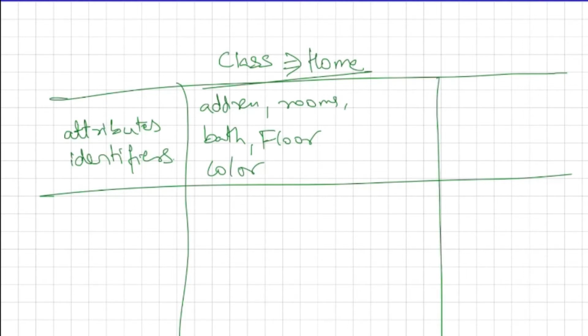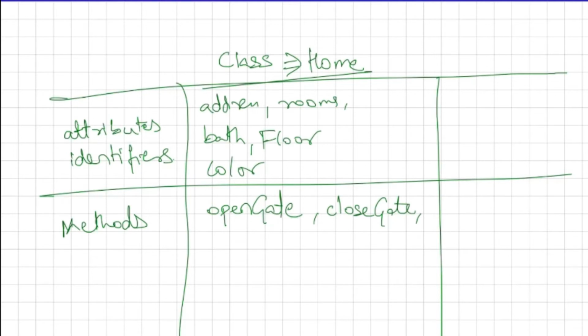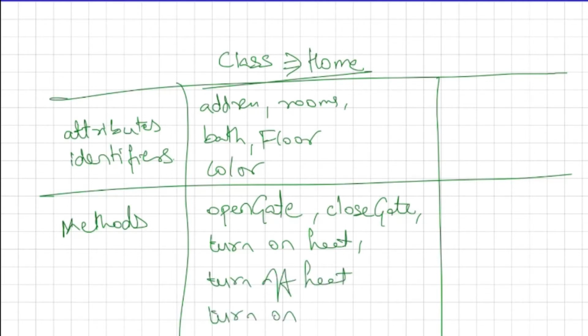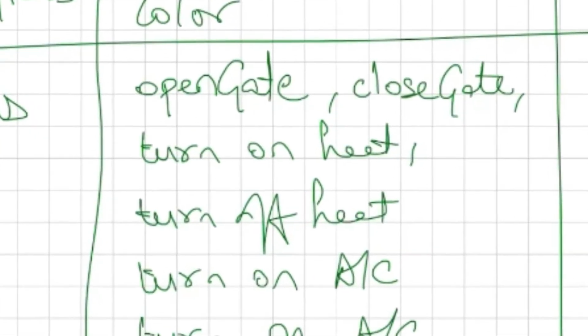Okay, and then under the category of methods, what kind of activities can we perform in terms of the object house itself? Open gate, close gate, turn on heat, turn off heat, turn on AC, turn off AC.